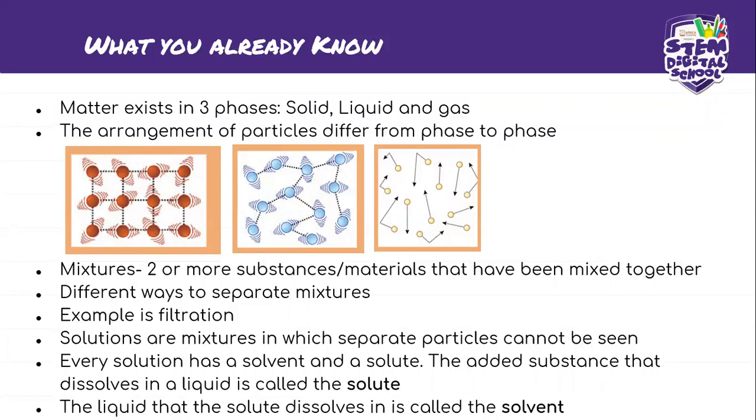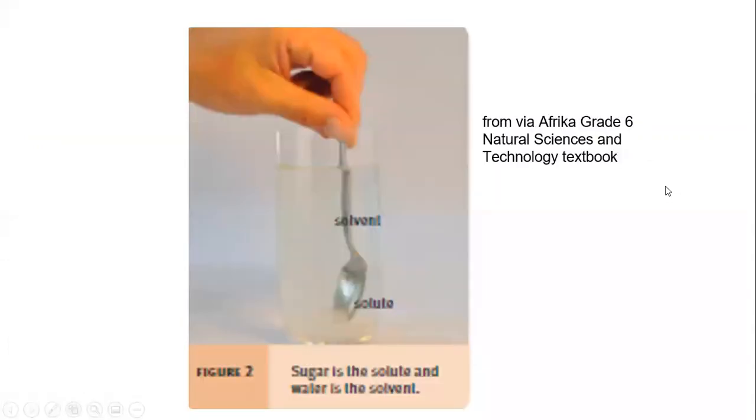All right, awesome guys, beautiful. Okay, so let's move on. This is just the example that I gave you about the sugar and the cup of water. Remember we said that our sugar is the solute and the water is the solvent. If we mix the two together, we call it a solution.